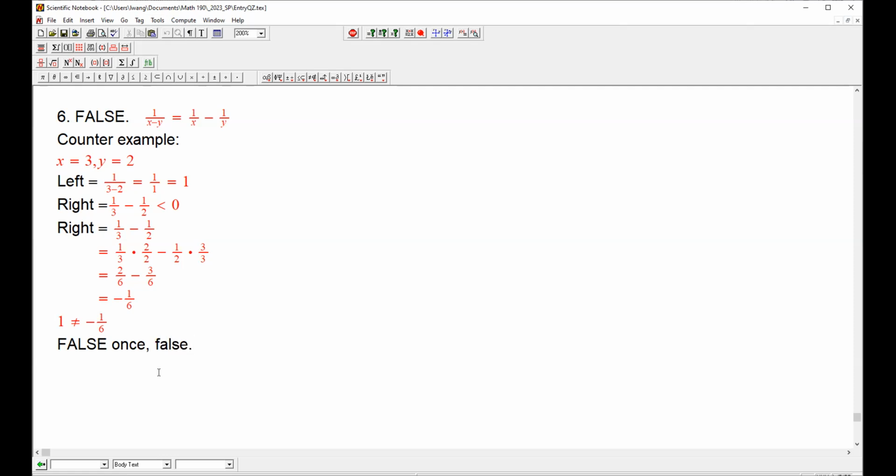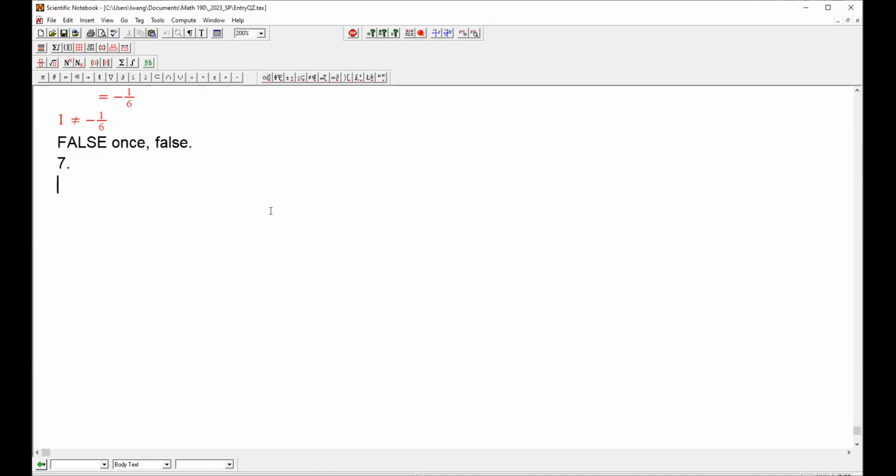Okay, number 7. During the lesson, anytime you can pause the lesson and or rewind, and then just do some work on your own. 1 over x, and a over x minus b over x.